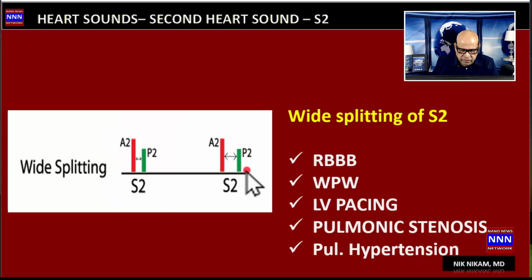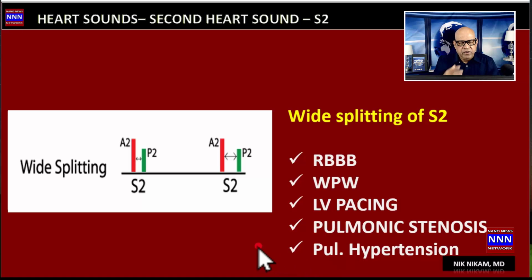Now let's talk about conditions where we might see wide splitting of the second heart sound. Looking at the concept of inspiration, because I'm more interested in having you learn the concepts than just trying to memorize, okay, wide splitting, use like an acronym like RWLPP. Instead of that, I want you to understand the concept.